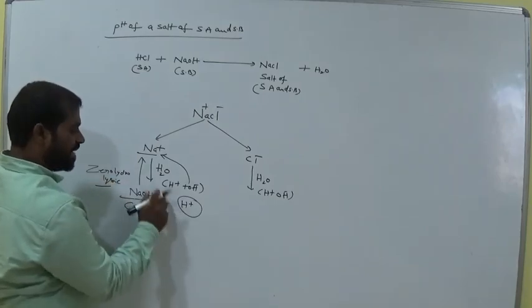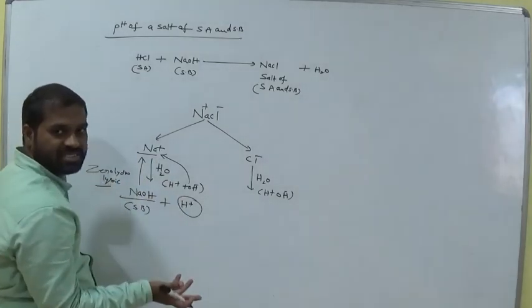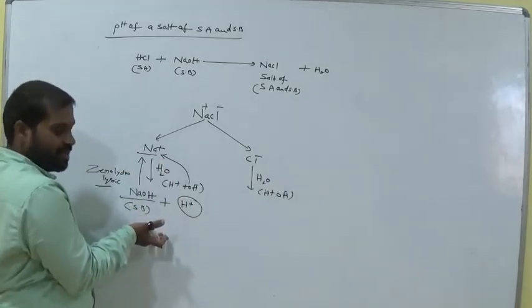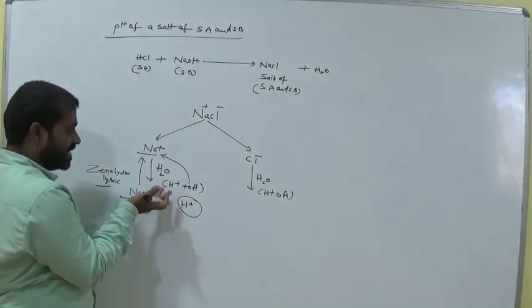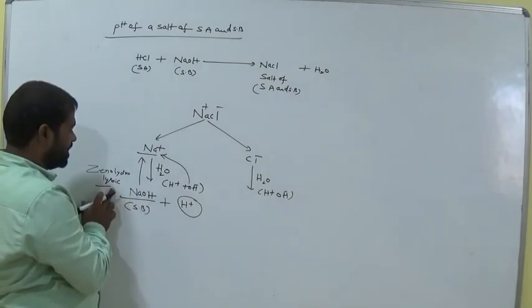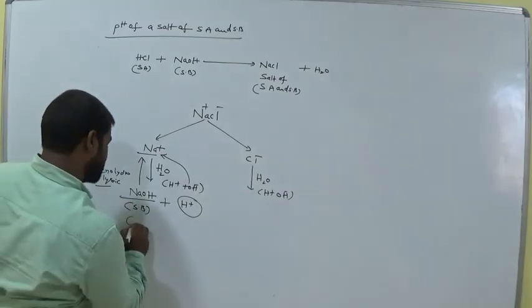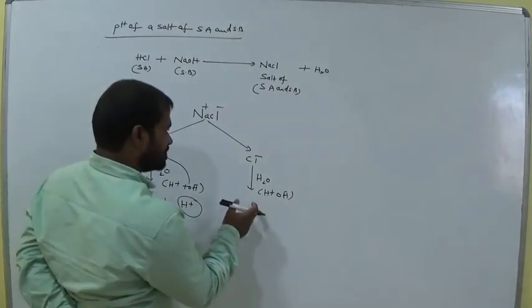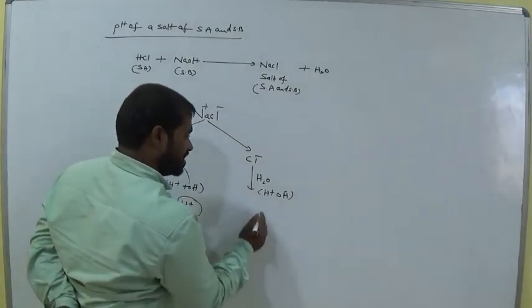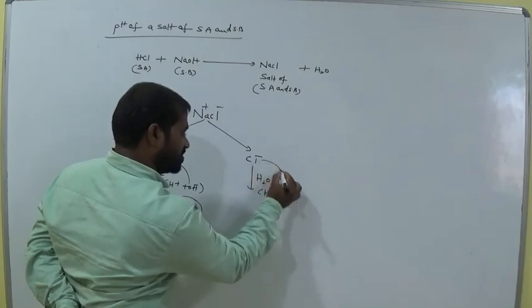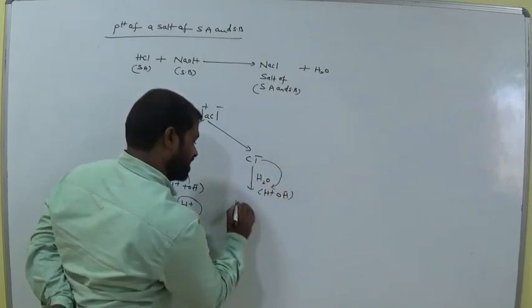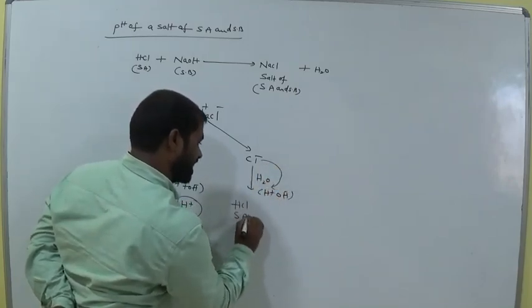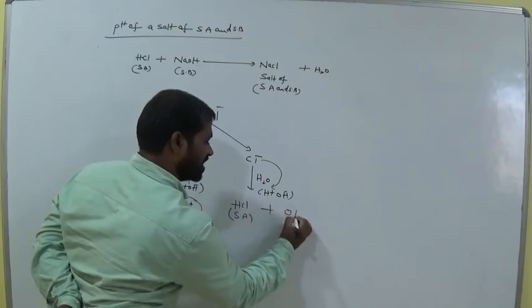Again these two combine and give H2O and Na plus. There is no hydrolysis. If there were hydrolysis, it would give only H plus, but it is completely reversible. That we call zero hydrolysis, in the case of a strong base. Now come to Cl minus. It is negative, and this negative combines with the positive H plus. Now it is HCl, clearly a strong acid. Now what is the remaining one? OH minus.